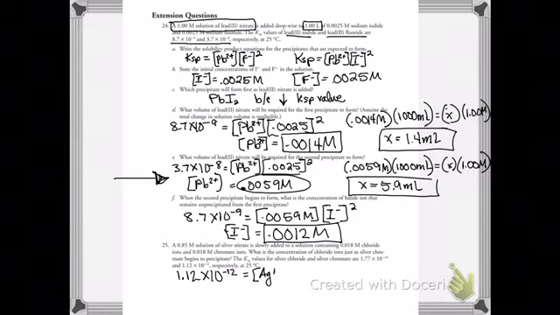Silver is only a positive 1, so you're going to have to square it because the chromate is 2 negative, so just make sure you square the silver. All right, so let's solve for the silver ion because the chromate's initial concentration is 0.018 molar. All right, so solve for silver.